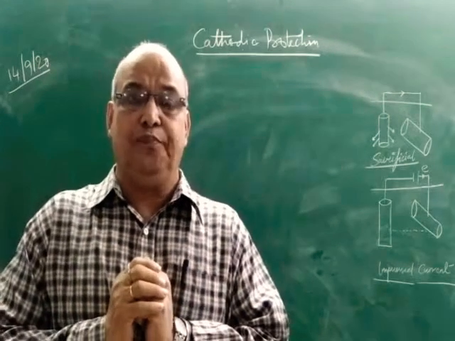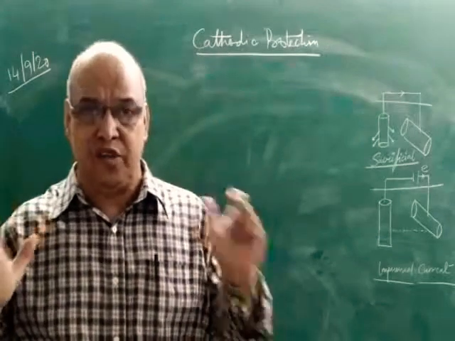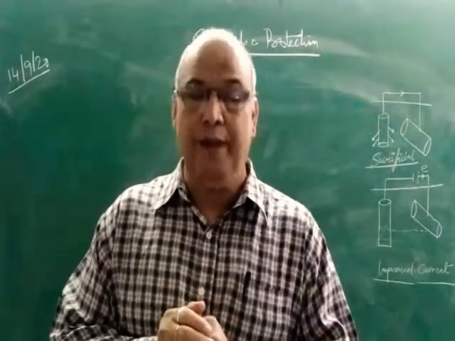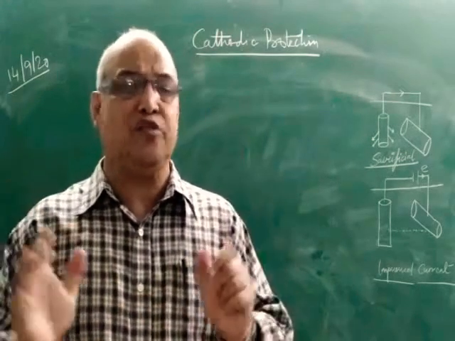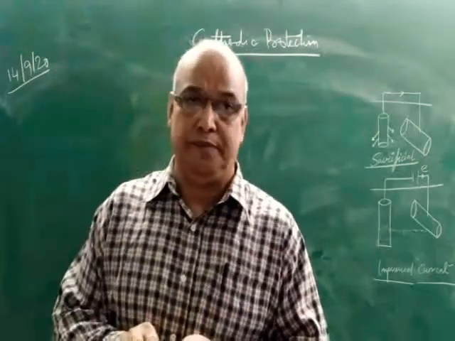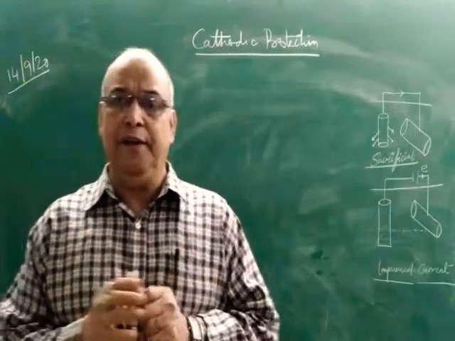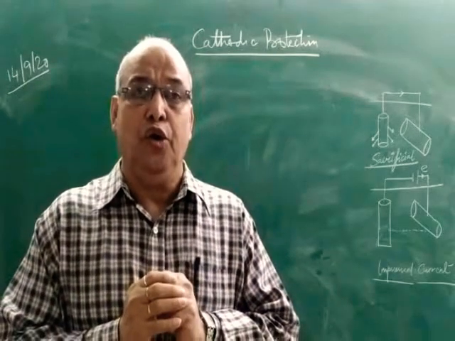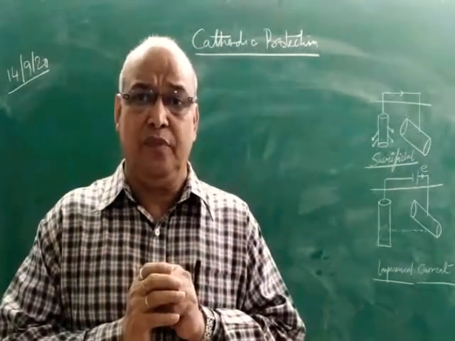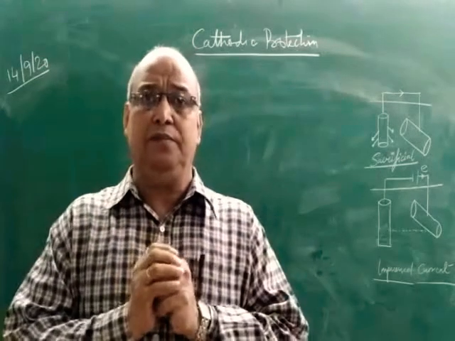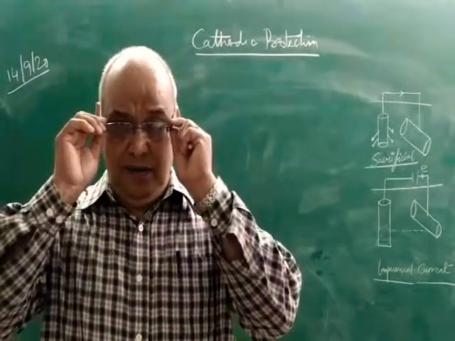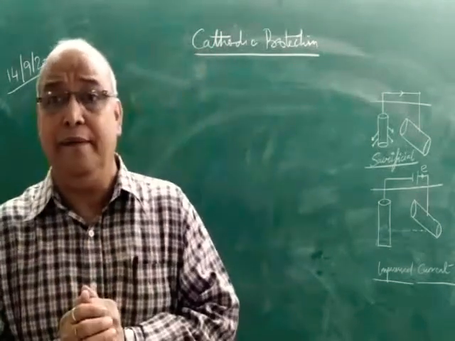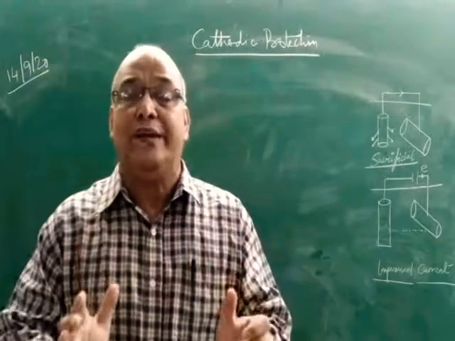So far we have discussed two different aspects as far as corrosion control is concerned. Today we will discuss cathodic protection. Actually, this technique is used to protect a metallic structure or the surface of the metal by making the metal behave like a cathode in an electrochemical cell.